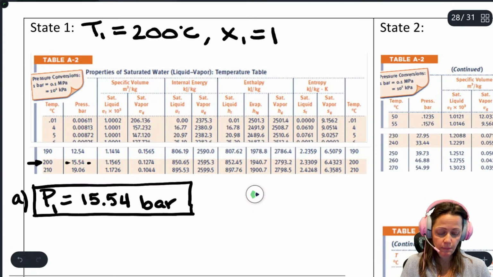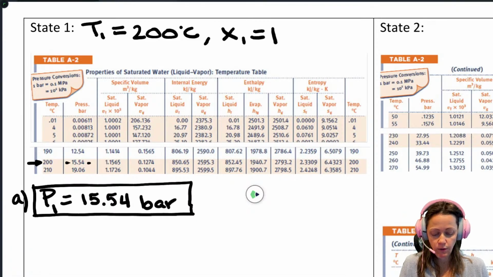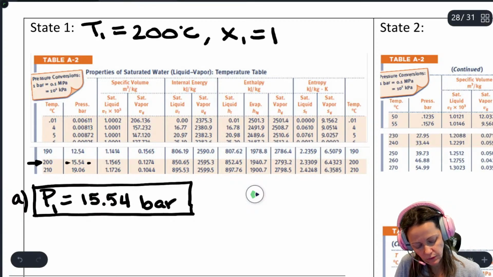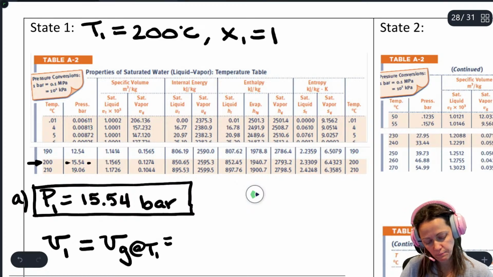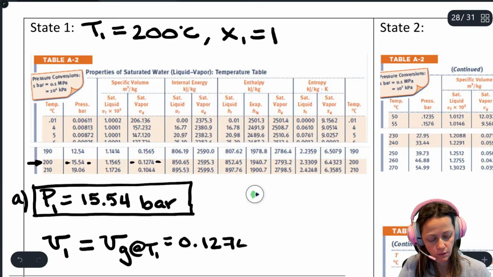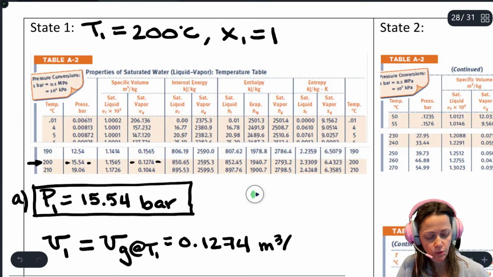And of course, for that PV and TV diagram, I'm going to need the specific volume. So the quality is 1, so it's the v sub g at T1. You could plug it in that formula, get the same thing, but I've got a specific volume, 0.1274 meters cubed per kilogram.